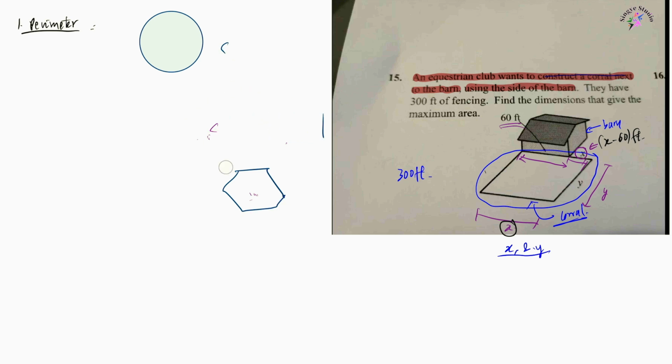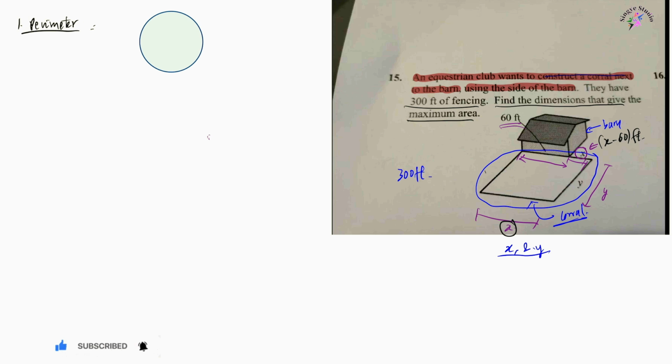Okay, so here, since the barn is a rectangular shape, we are trying to optimize this rectangle such that it will change to a square, so that it will cover the maximum area and require the minimum fencing, which means the least perimeter.